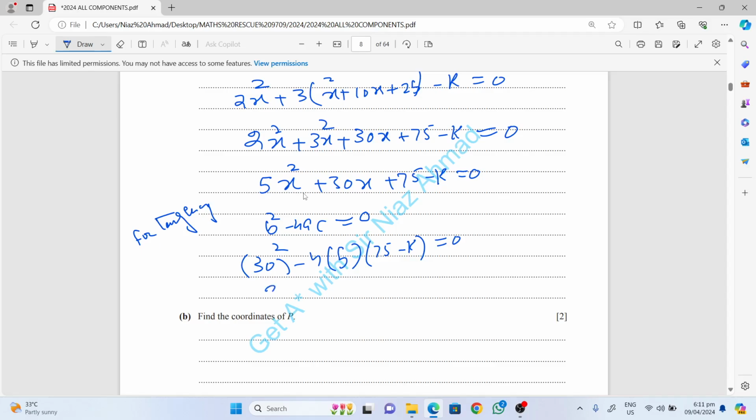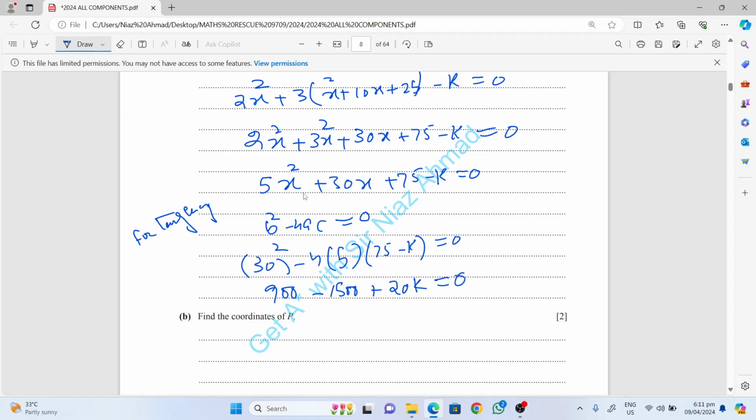30 squared is 900 minus 4 times 5, which is 20, 20 into 75 is 1500, plus 20k equals 0.